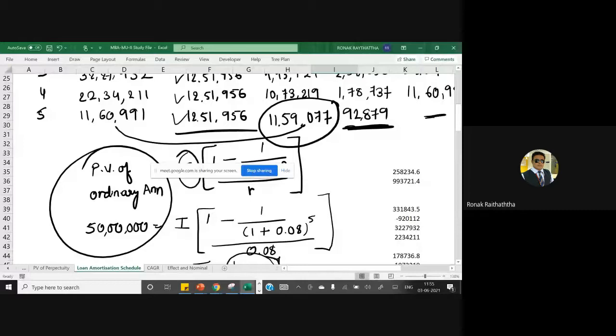If it is quarterly, then rate should be divided by 4 and number of periods multiplied by 4. As simple as that. So if it is quarterly or monthly, or say daily in some cases, you will just have to multiply the number of periods and divide the rate accordingly.